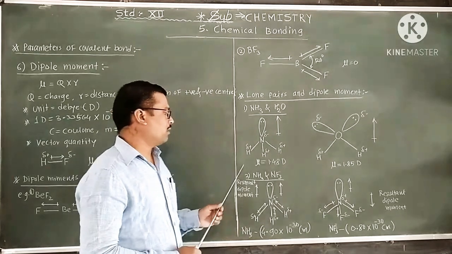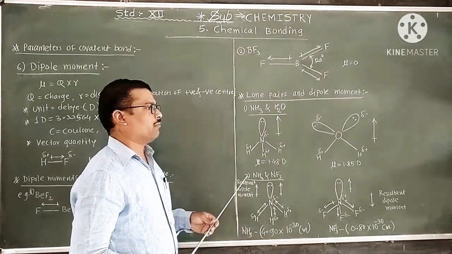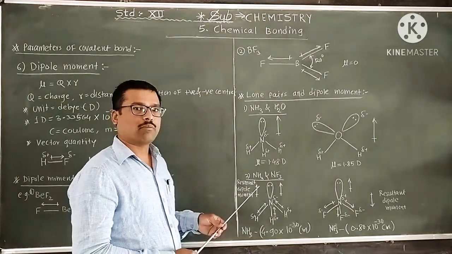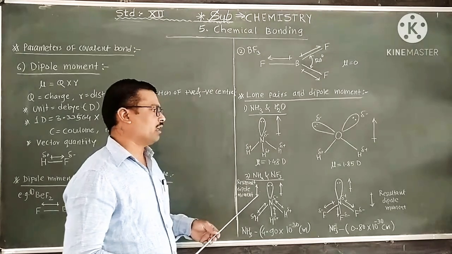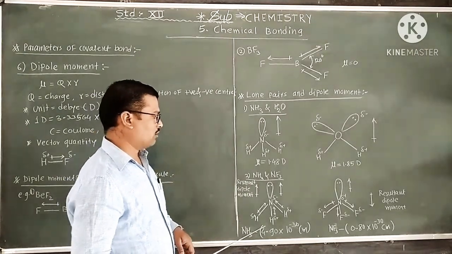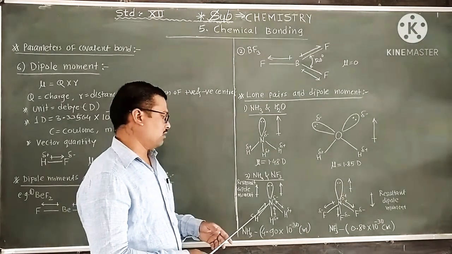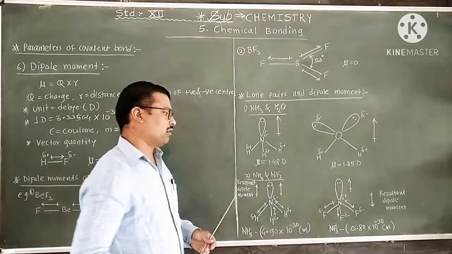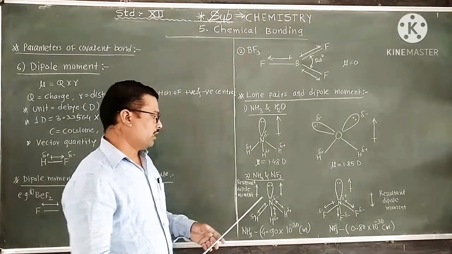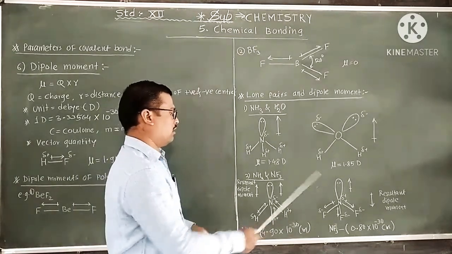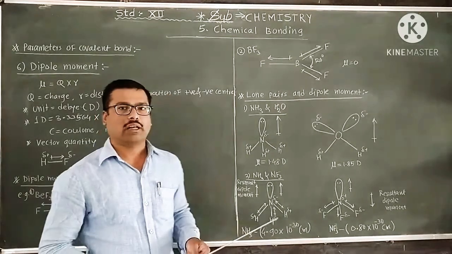A second example is NH3 and NF3. Here this is the NH3 molecule and this is the NF3 molecule. Here the center atom is nitrogen, and here also the center atom is nitrogen. Both nitrogens carry a single lone pair of electrons.